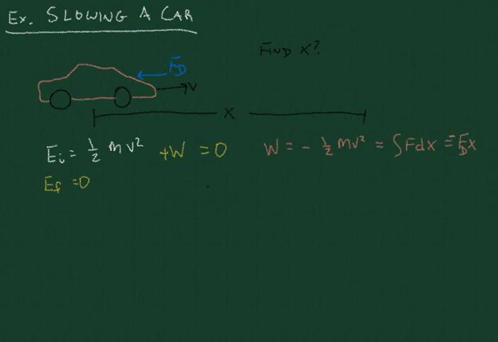So in other words, we say the drag force times x is equal to 1/2 mv squared. So x is equal to mv squared over 2 times the drag force. So this is just an example of how you can use work to solve a problem.